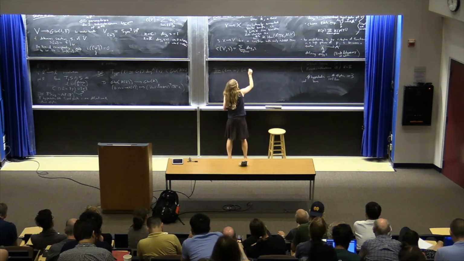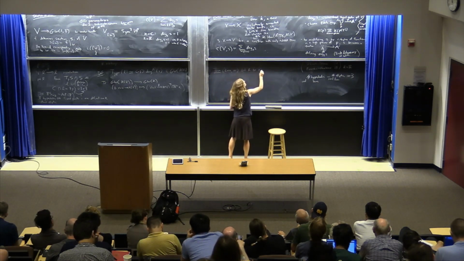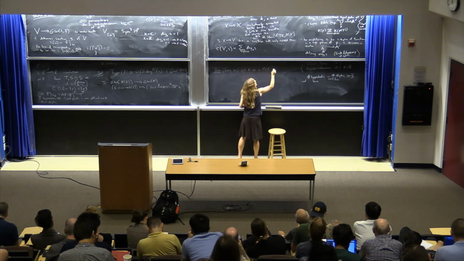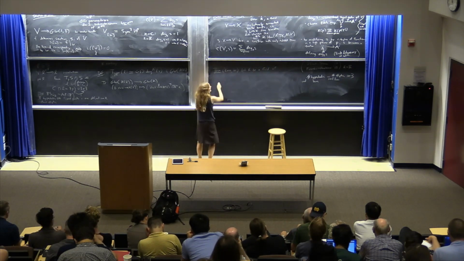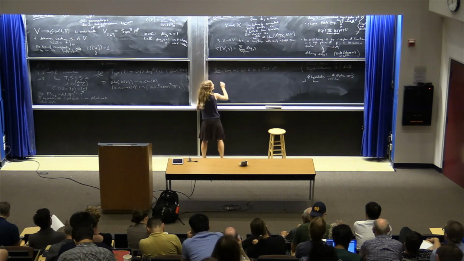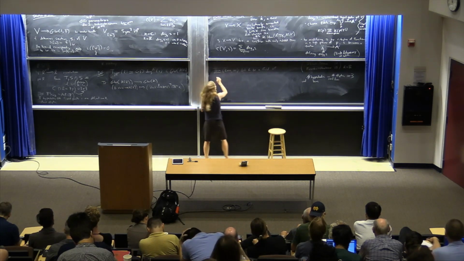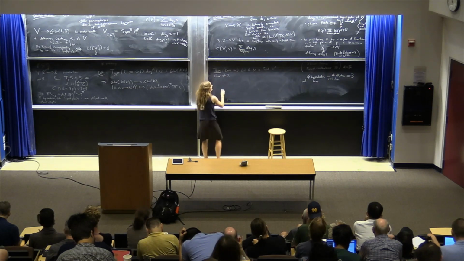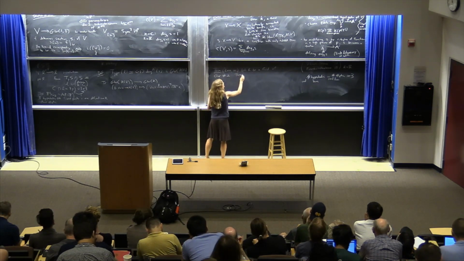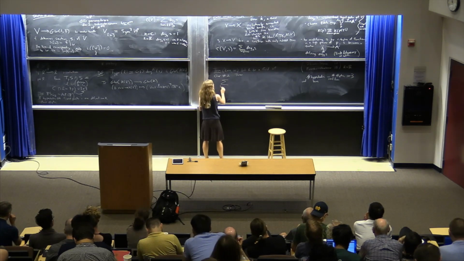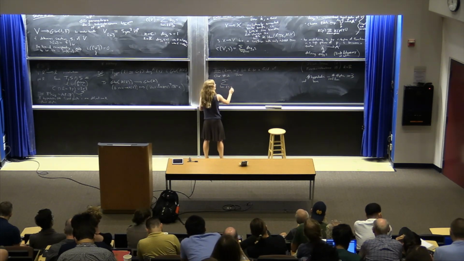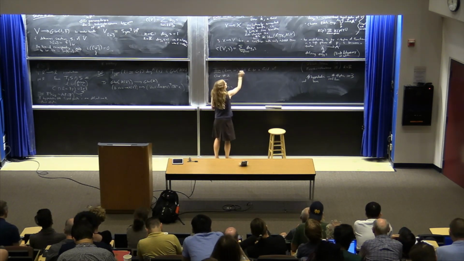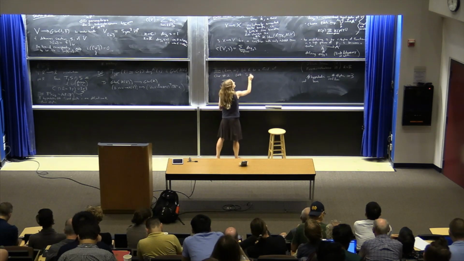So the result: let K be a field, it doesn't have to be perfect, of characteristic not equal to 2, and let S be a smooth cubic surface.